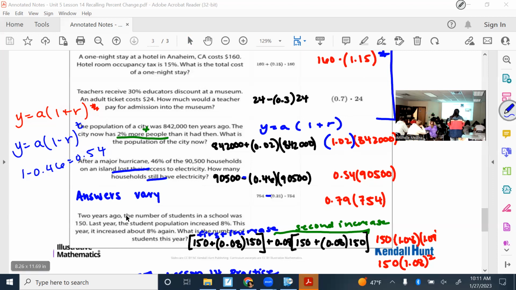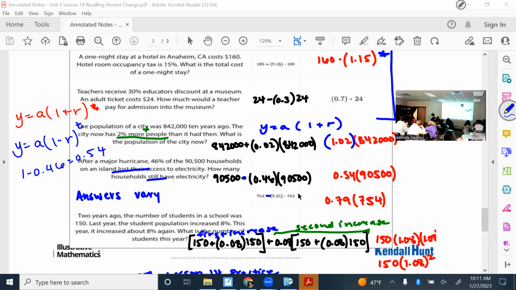All right, this one you could have filled in whatever description you want, as long as it had that it was decreasing by about 21%, so that would be the equivalent decimal of 0.21. So you could say you had $754 and you spent 21% of it.